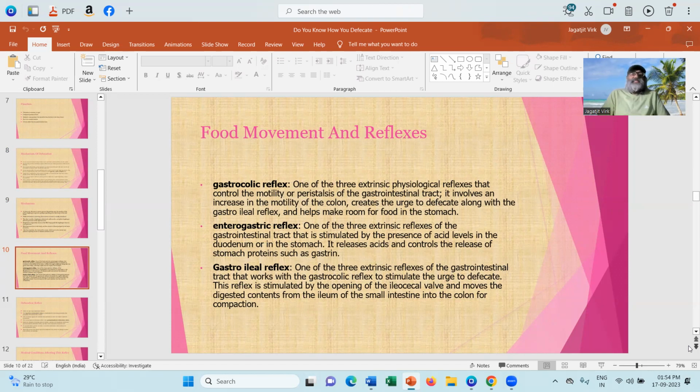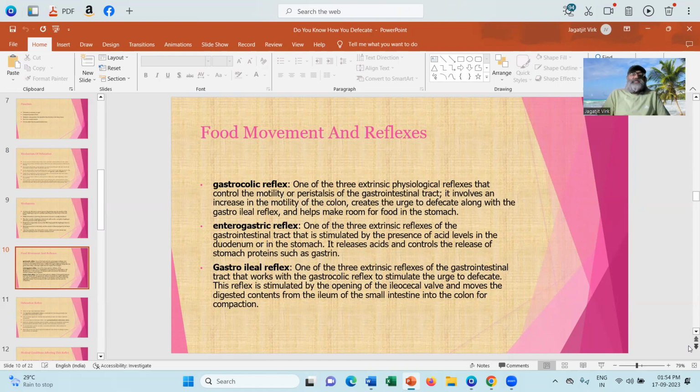Enterogastric reflex, one of the three extrinsic reflexes of the gastrointestinal tract, is stimulated by the presence of acid levels in the duodenum or in the stomach. It releases acids and controls the release of stomach proteins such as gastrin.